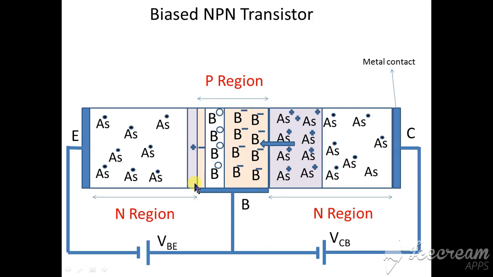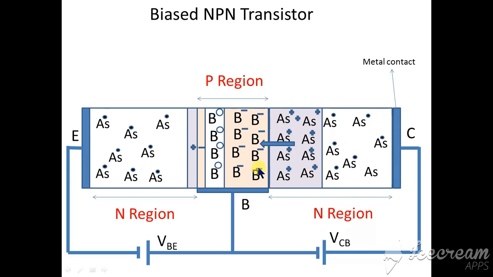Now, when the emitter-base junction is forward biased by the voltage VBE, the depletion layer potential barrier height and the space charge layer almost vanish, leading to sufficient emitter current by diffusion of charge carriers across the junction.